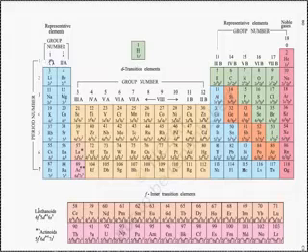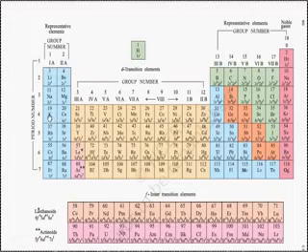Now over here, this is the first group. Here we have the groups, group 1, group 2. Similarly, we have 18 groups. This is group 13, 14, 15, 16, 17, 18, and here we have group 3, 4, 5, etc. Similarly, we have the periods, that is the first period with hydrogen and helium, the second period, the third period.